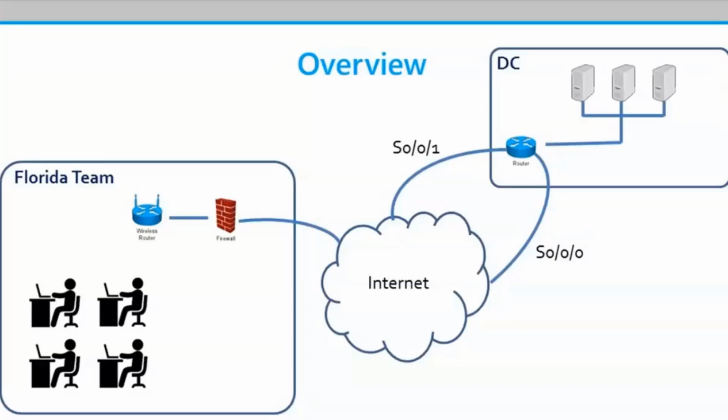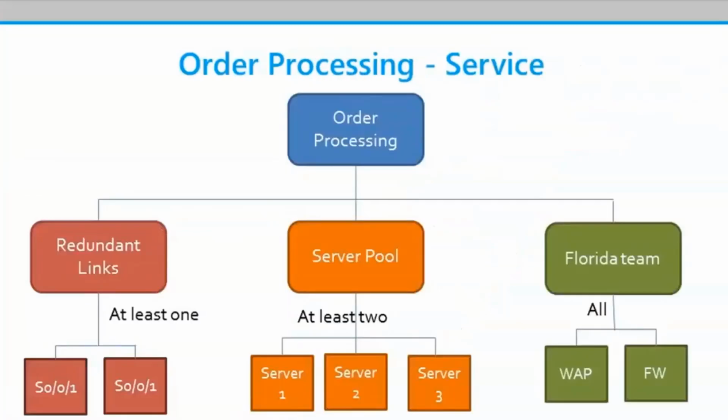Okay, so from this view, we can draw something like this. On the top we have our order processing business process. This process depends on 3 sub-processes: a redundant link, a server pool, and a Florida team. Inside the redundant link, I have 2 more objects, serial 0/0/0 and serial 0/0/1, and at least 1 should be up.